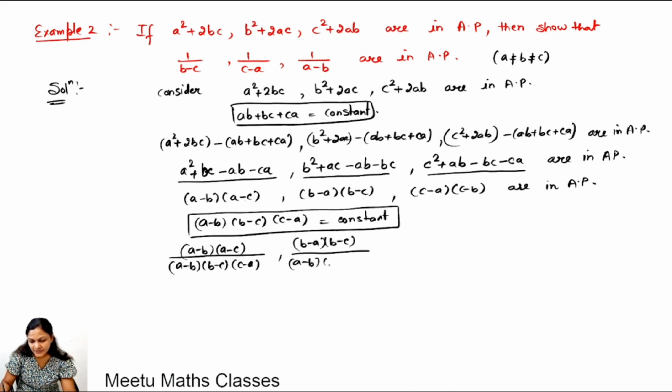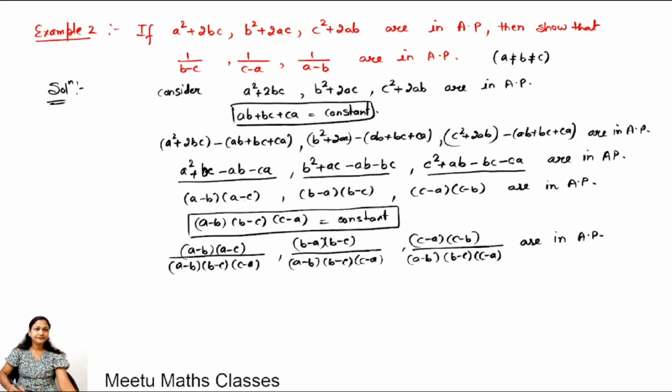and (C minus A)(C minus B) will also be divided by (A minus B)(B minus C)(C minus A). Then these three terms are also in AP.